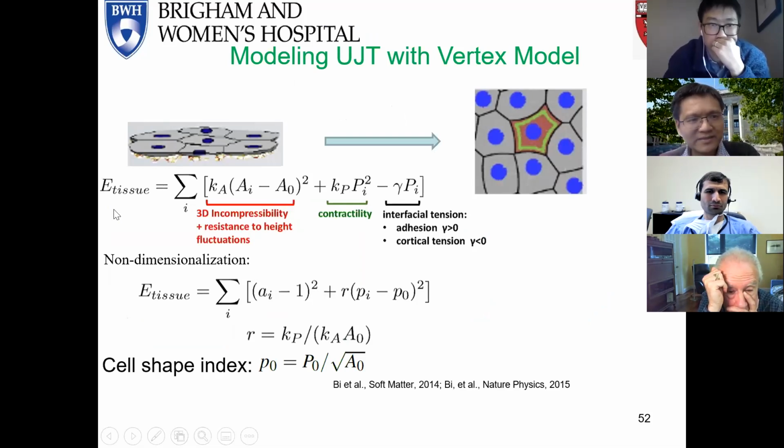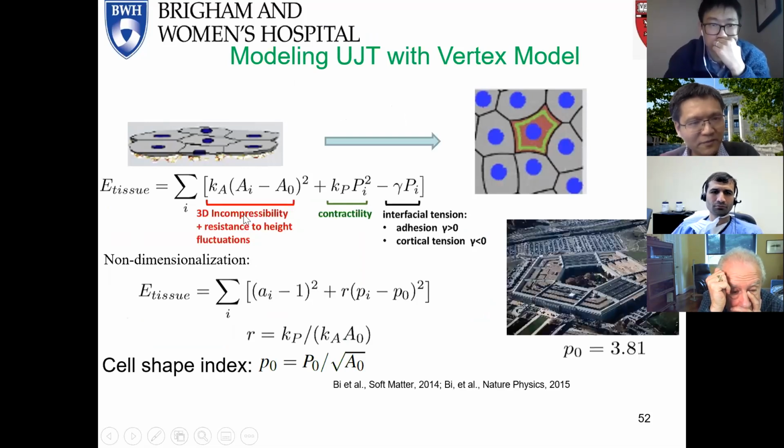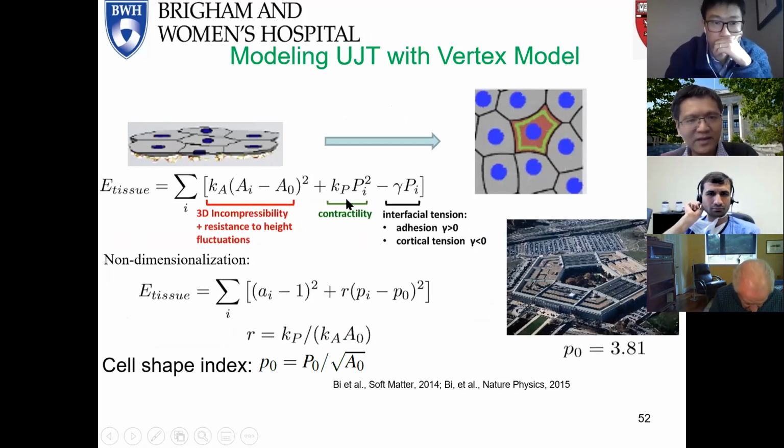that writes down the total energy as the contribution from the 3D incompatibility, or resistance to the height fluctuation. You can think of this as the resistance to shape change, right? There's a penalty for doing that, and there's also resistance to the change of the cell perimeter, and you can also think of them as linear springs.